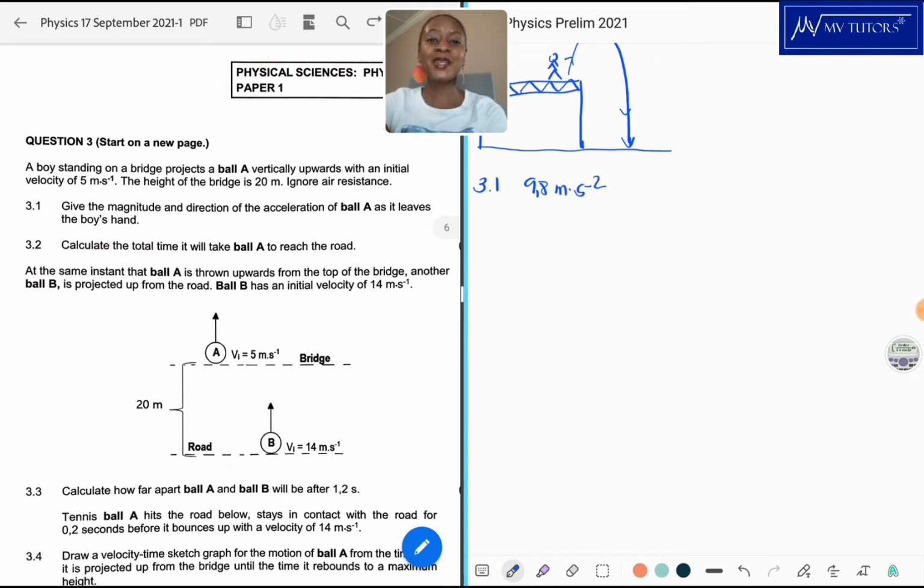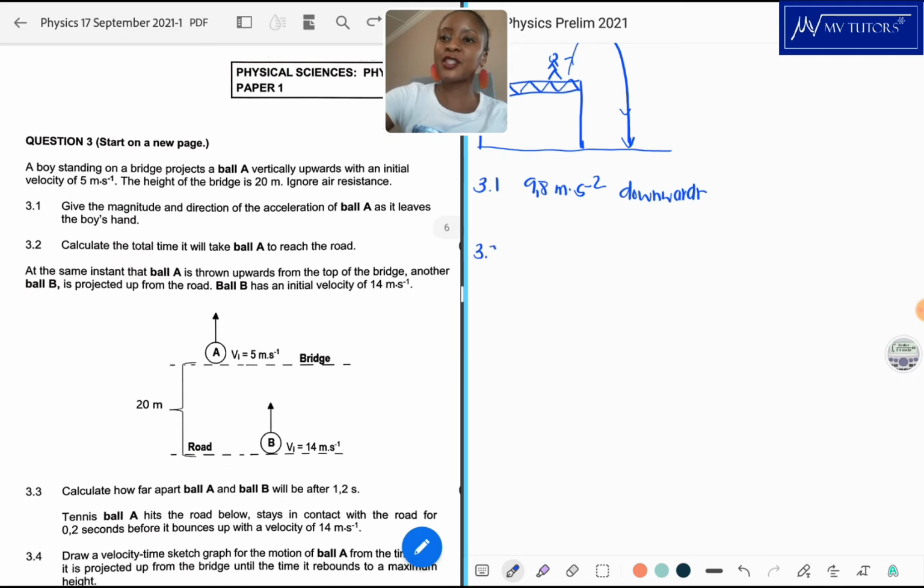Gravity is always acting downwards. The earth is pulling all the objects on it and the people and everything else downwards. So we have downwards over there.